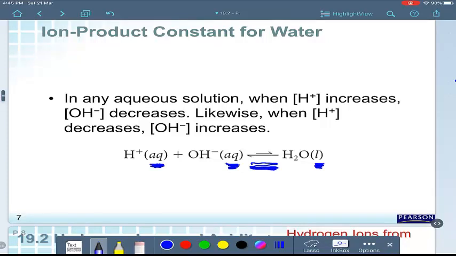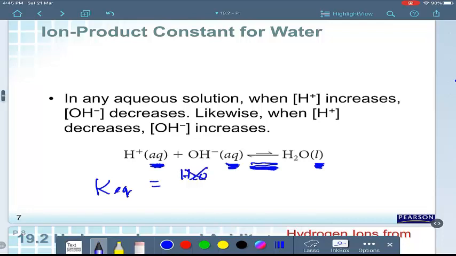So if you want to write the equation for equilibrium, K equilibrium equals the product, which is H2O.